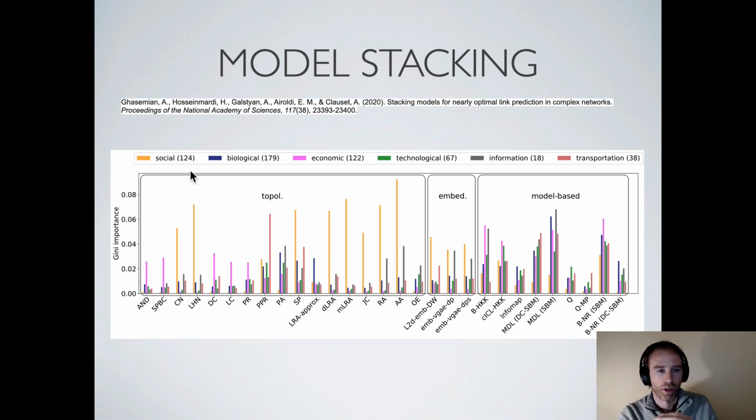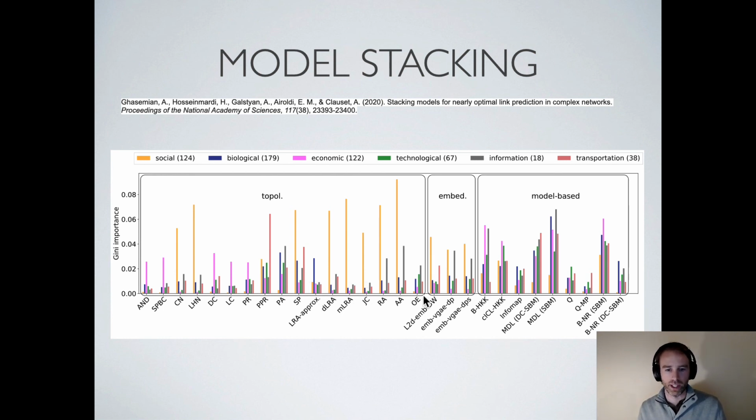They grouped these graphs in categories. For instance, social networks, biological networks, economic networks, transportation networks, and so on. And they observed the efficiency, the quality of the results obtained by each of these approaches on each of these categories of networks. As you can see, the results are quite different.